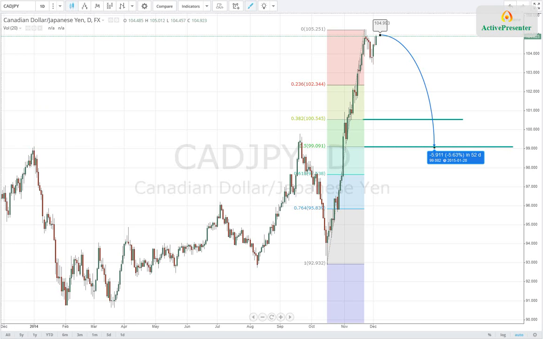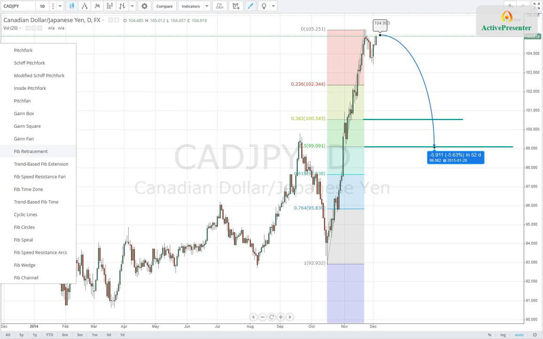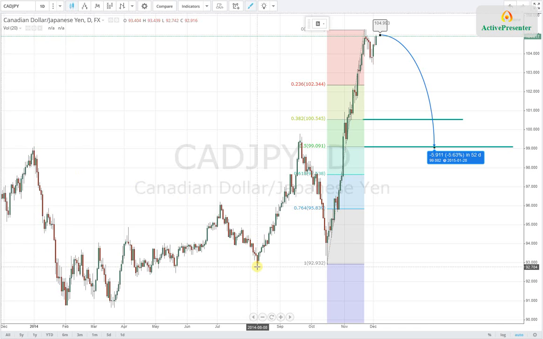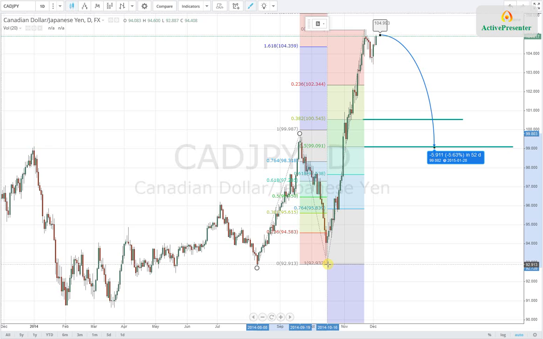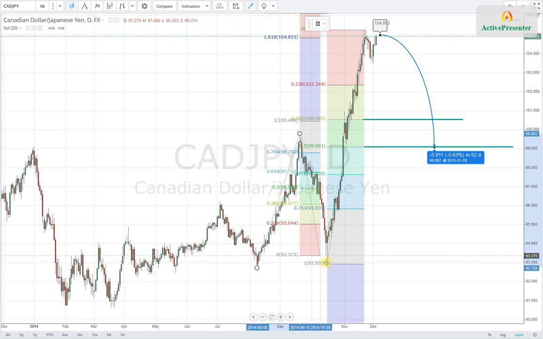Let's see if it has achieved some target on the Fibonacci extension. Just a moment. Yeah, if we apply the Fibonacci trend-based extension, okay, it has achieved the 1.618.